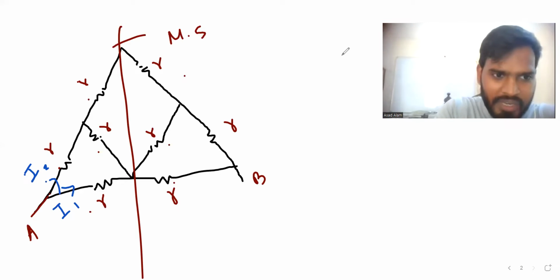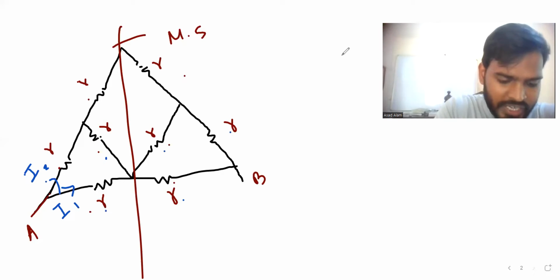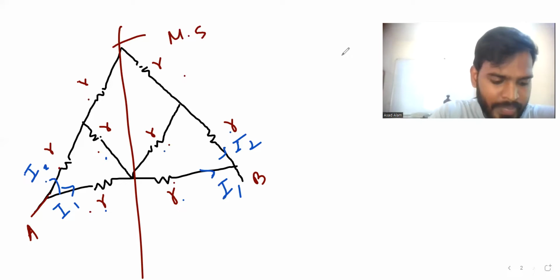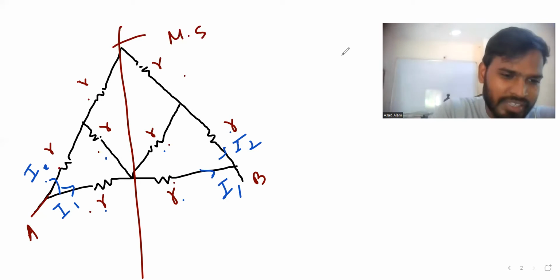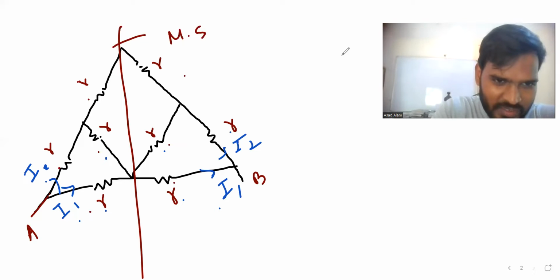So as this is R, this is also going to be R, right? So it is going to be the same. If it is I1, this is also I1.